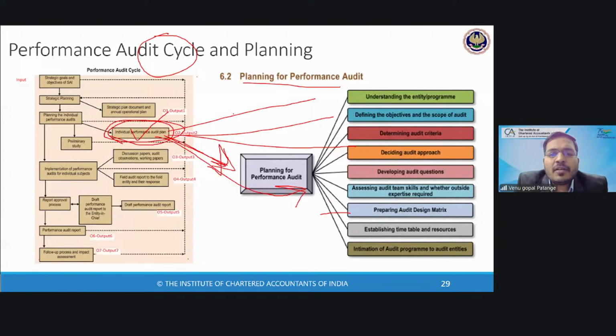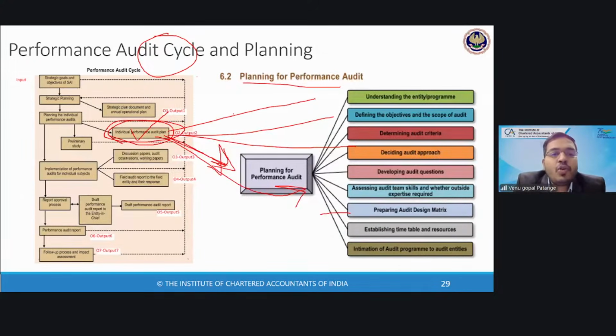The way I told you, I'll take you to the audit matrix, then we'll go one by one. Once you understand the audit design matrix, you can easily answer other items. So what does the audit matrix consist of? It consists of questions, criteria, evidence, collection.